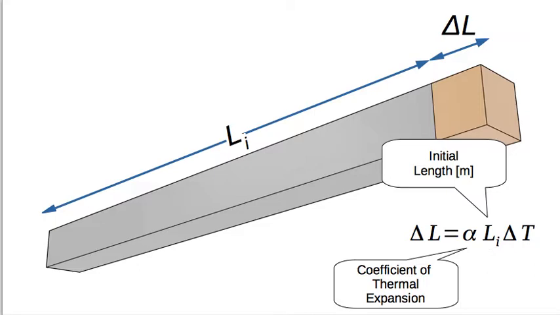Why the initial length? Because this is how much material we can work with. If you have a small amount of initial length, you can't grow as much as if you had a bigger amount. So it depends on the initial length.